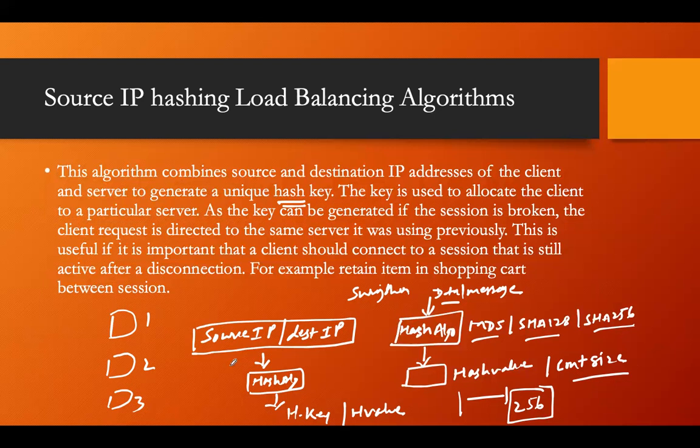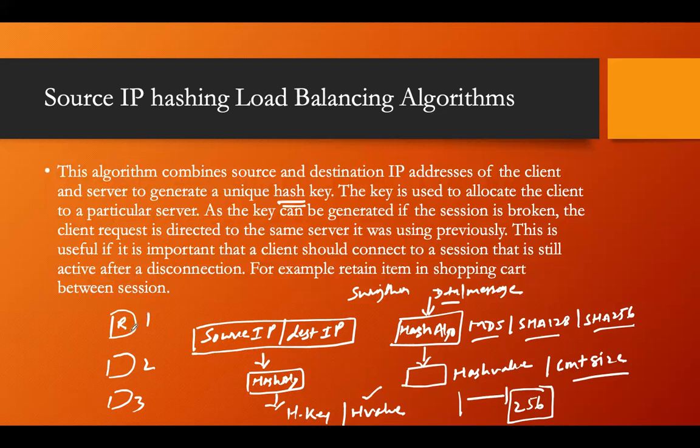Let's say if the connection goes off, and next time the same client gives the request again. Say that request was running in server number 1, and the connection is disconnected. Then next time if the same client gives the request, we'll get the same hash value. From the same hash value, it will be connected to the same server. So this request will again be given to the same server.